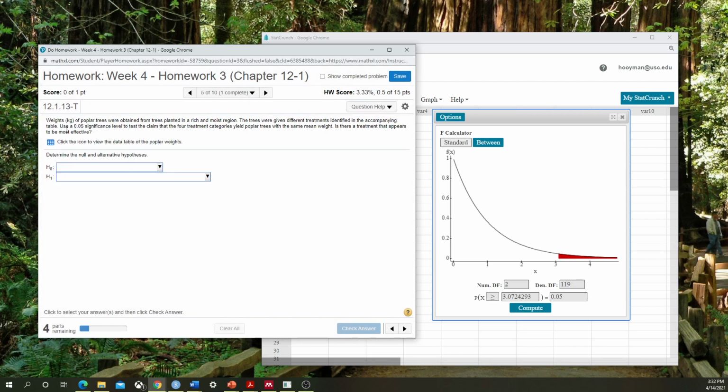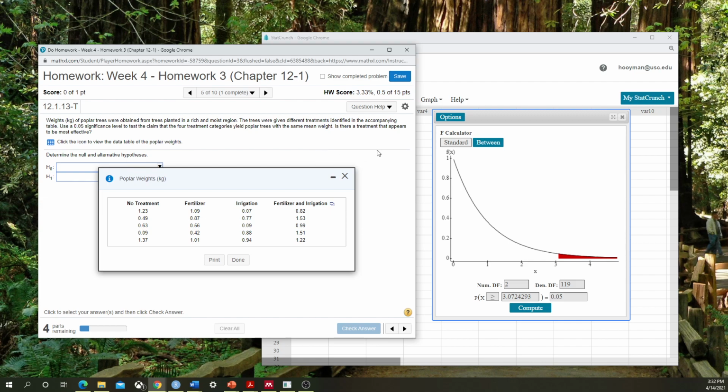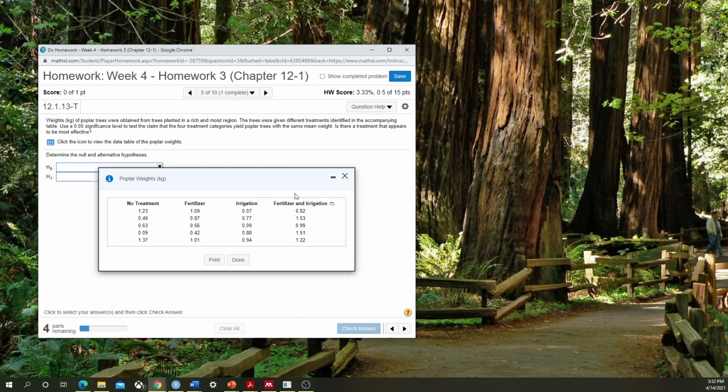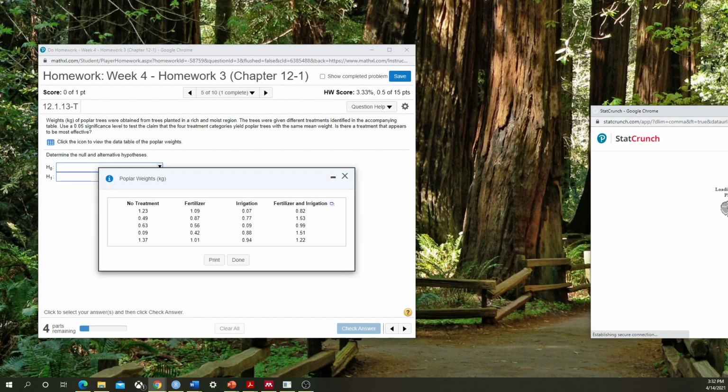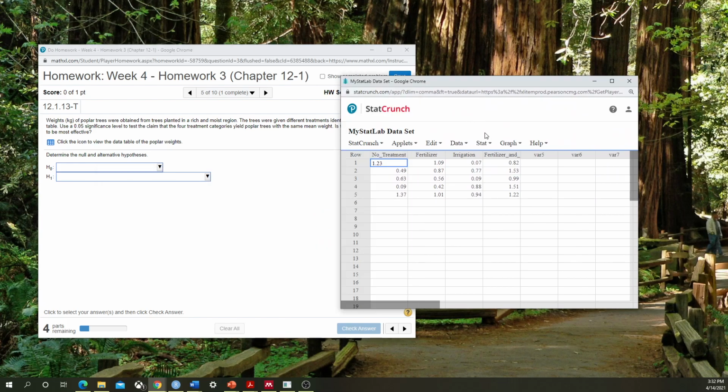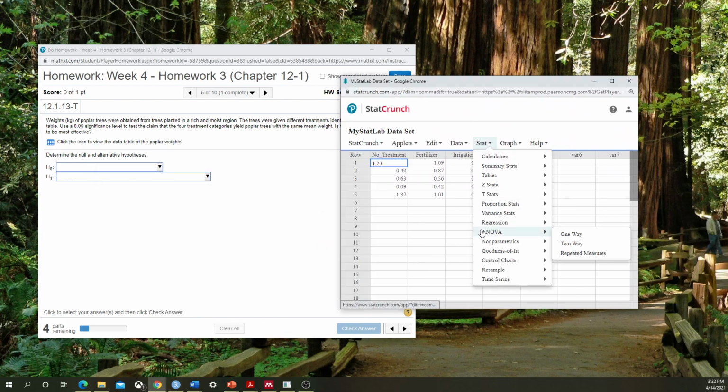Hopefully, yep, this one's going to use data. Okay. And this will hopefully be a little bit more informative about how you actually use data and how this test does some of its calculation in a more practical way. Okay, so here we're going to go to Stat, ANOVA, one way.